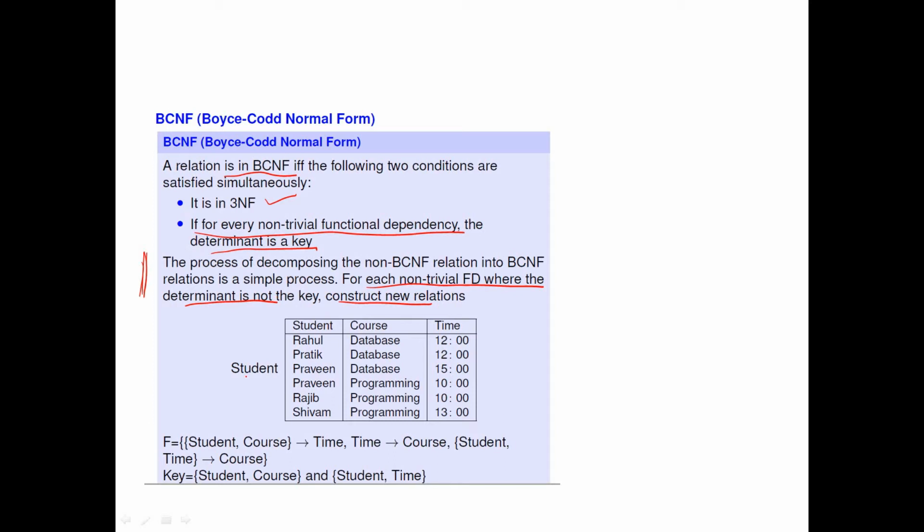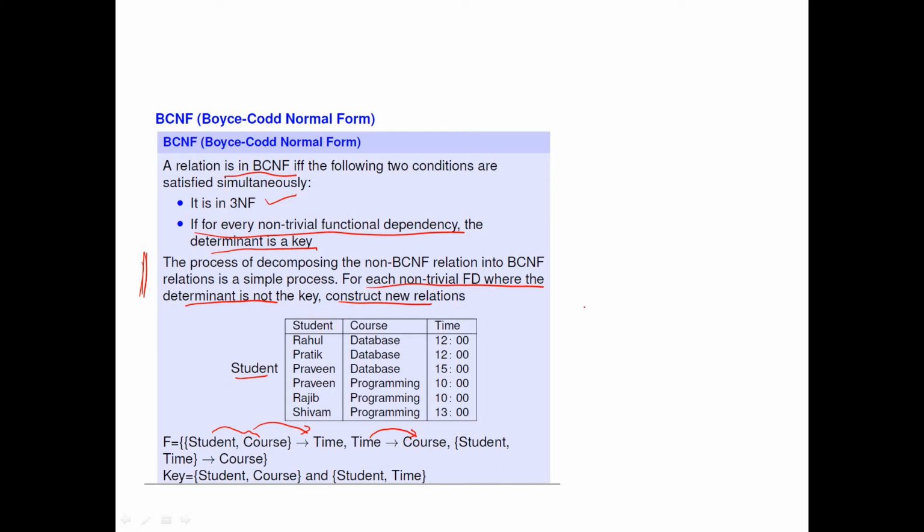So students, in this student table, the functional dependencies are student-course to time, time to course, and student-time to course. For simplicity, consider student-course to time and student-time to course. There are three attributes.